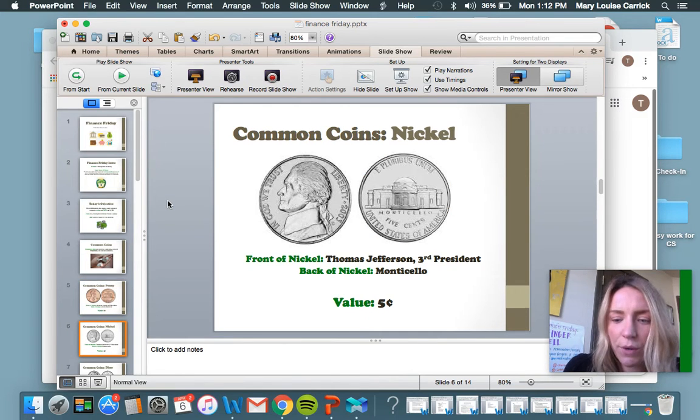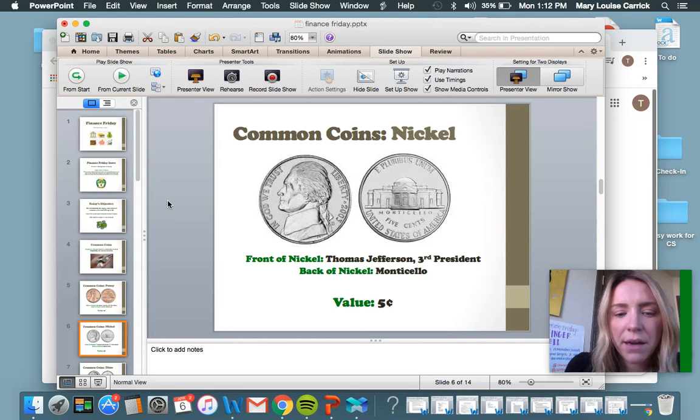Our next coin that we're going to take a look at is a nickel. A nickel looks silver, although like a penny, it's mostly made of copper. On the front of the nickel is Thomas Jefferson, and he was our 3rd president. And he looks a little different from Lincoln. He has got that ponytail and big collar.